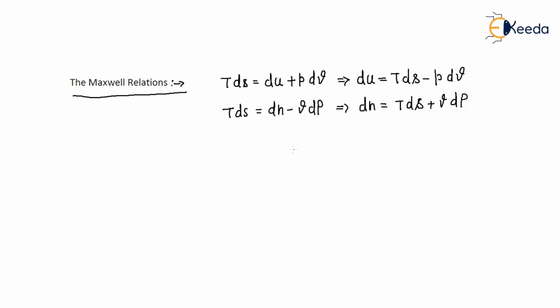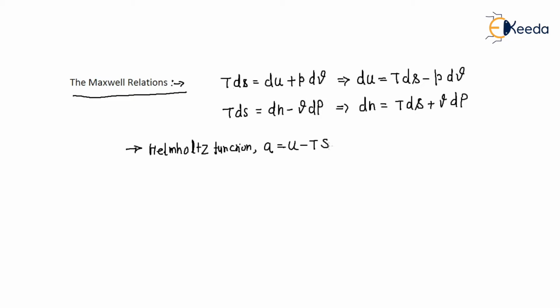Another function is called Helmholtz function. Helmholtz function A is equal to u minus ts.